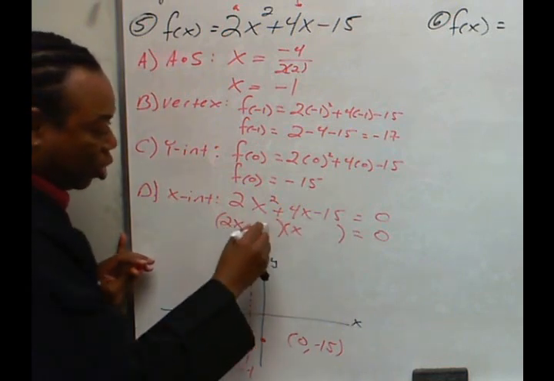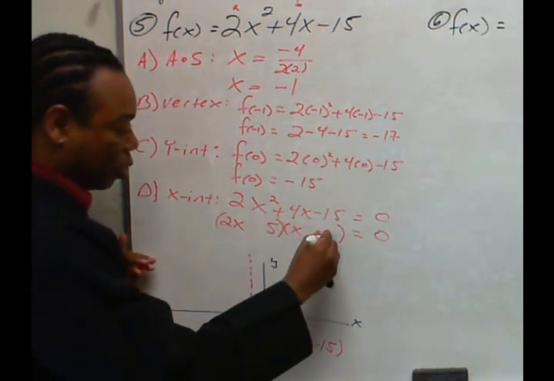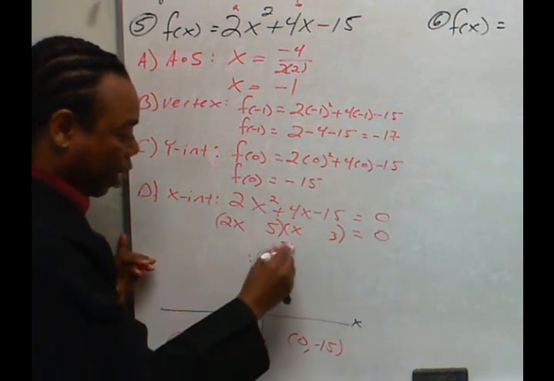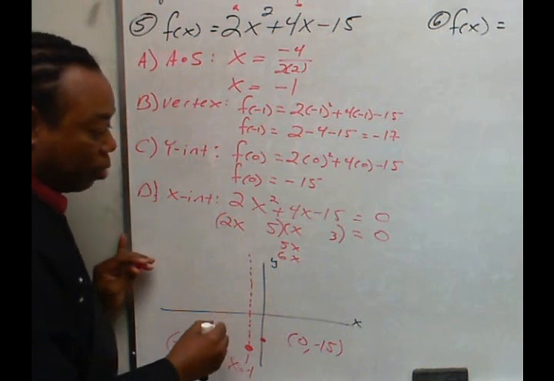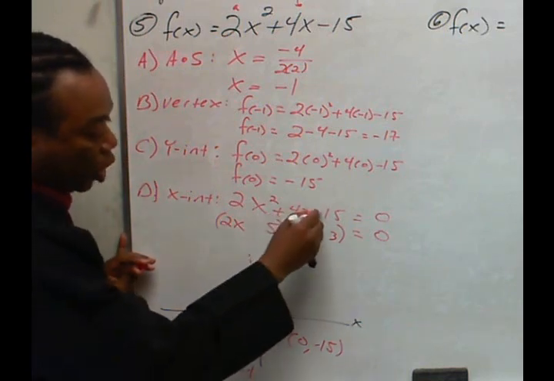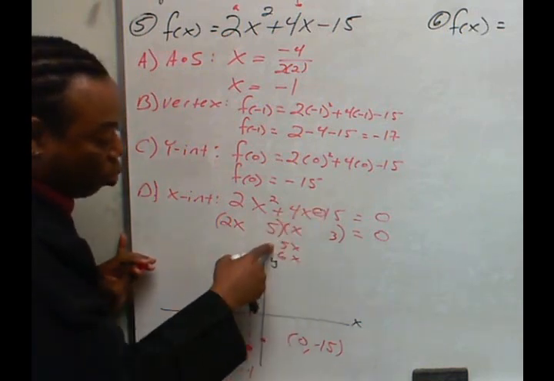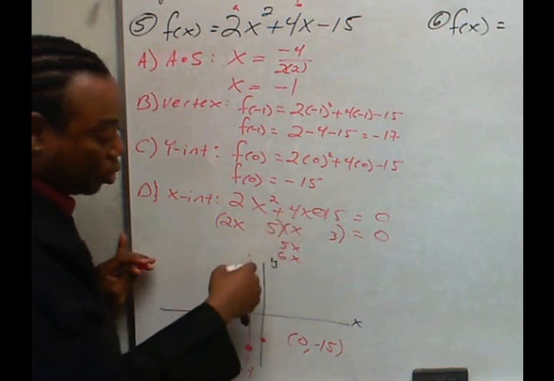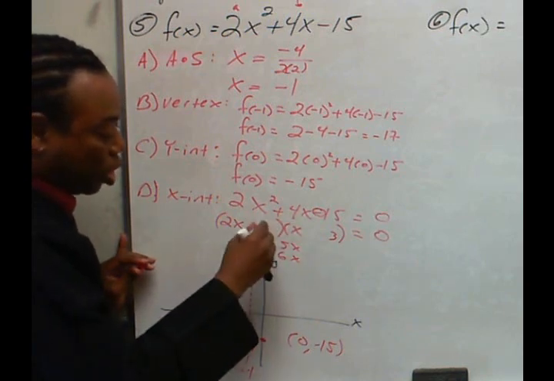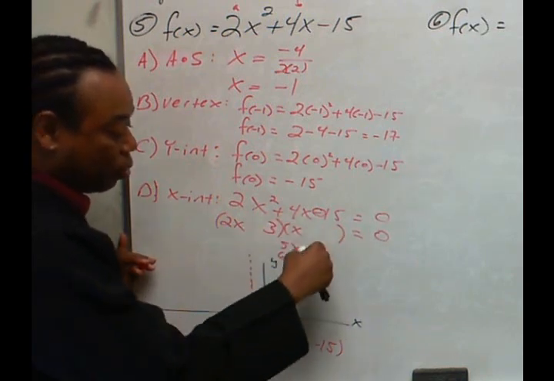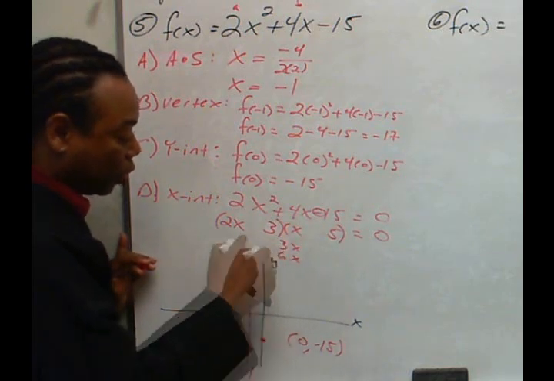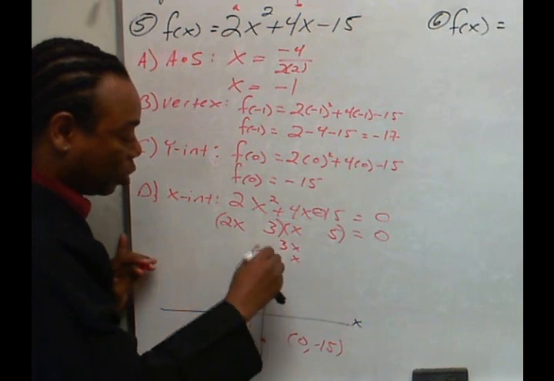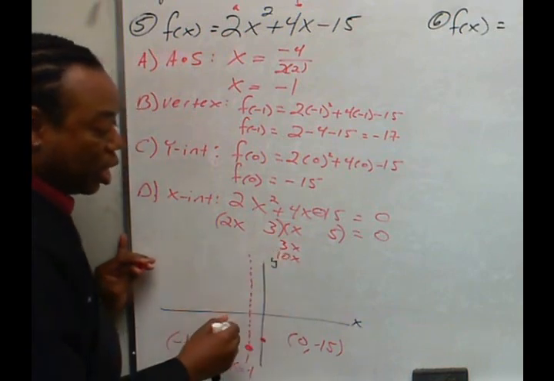And for the 15, let's try 5 times 3. This will give us 5x in the middle, and also give us 6x on the outside. If we change the signs or use different signs, there's no way this combination will give us a 4x. So I'm going to change it to 3 times 5. This will instead give us in the middle 3x, and on the outside it'll give us 10x.